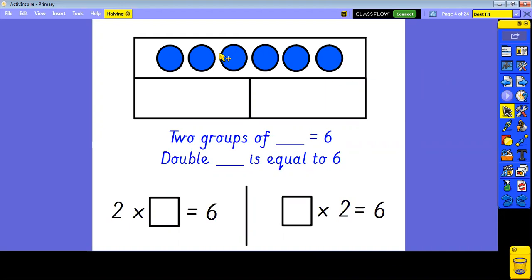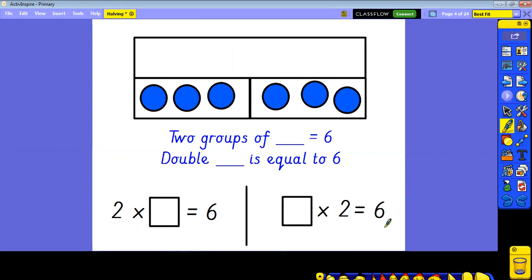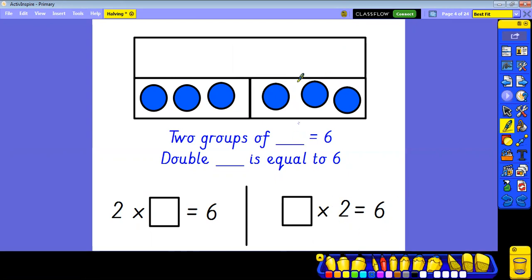And we've just said that splitting something in half means splitting it into 2 equal groups, and that 2 halves make a whole. So we split them into 2 equal groups like this. And then we saw that 2 groups of 3, so this is 3 and this is 3. So 2 groups of 3 was equal to the whole of 6.